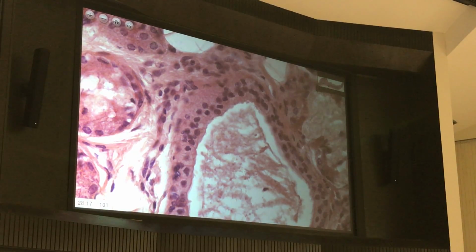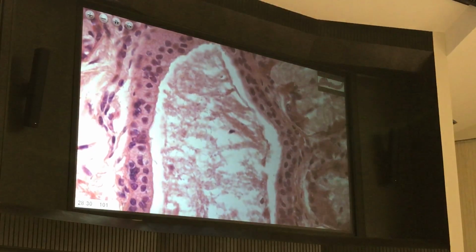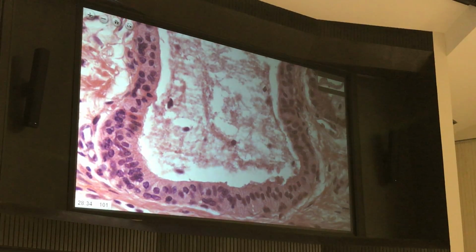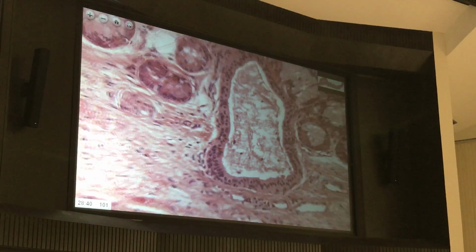Based on this region here, what might you call this? Stratified cuboidal, right? Two cubes, sometimes three stacked up in a row. You can see them there. Because of the way they're cut, they look like only one stack here. But you can see two sets of cubes, if you will.